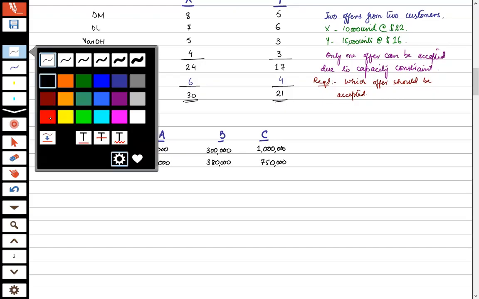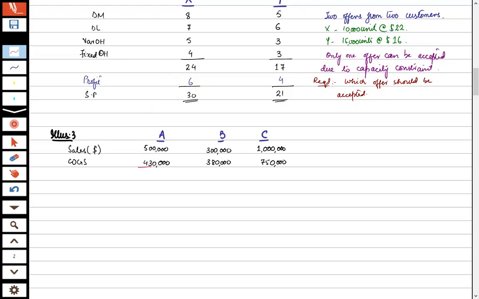And now you can see that the net profit or loss would be 70,000 profit, 80,000 loss, and 250,000 profit.